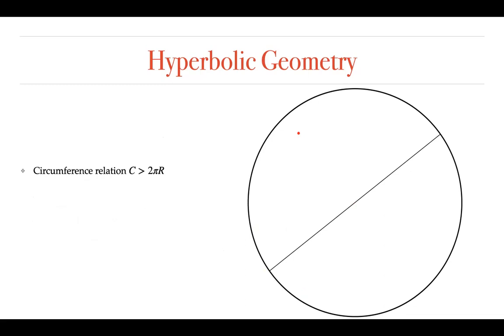For the circumference, you will find it is always greater than 2 pi r, as you can check. And there are an infinite number of parallel lines.